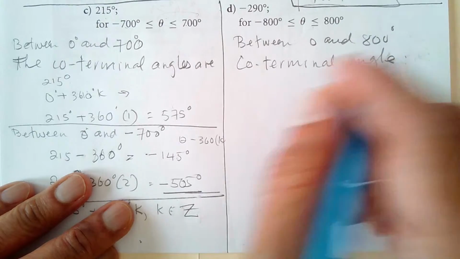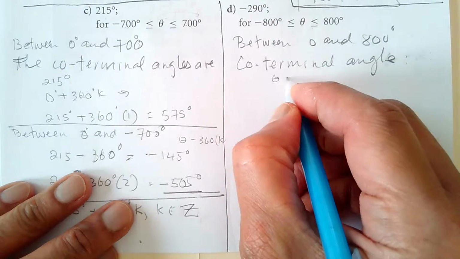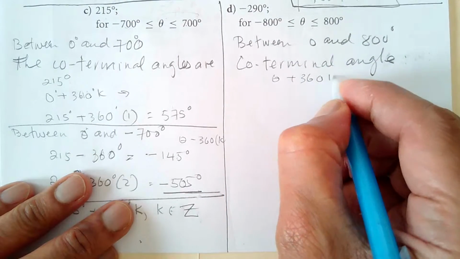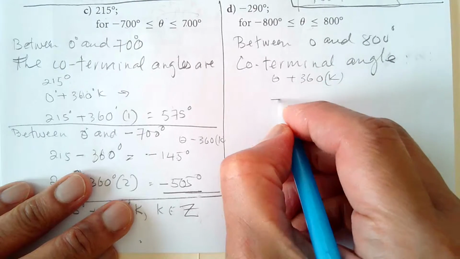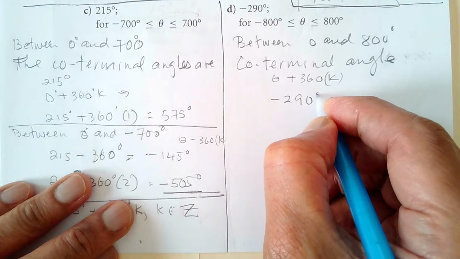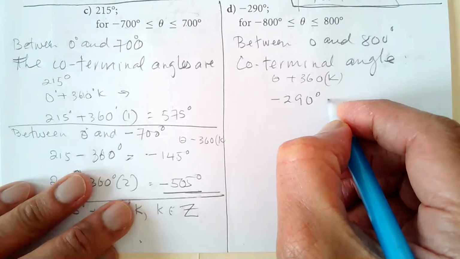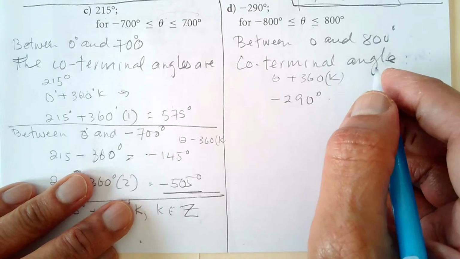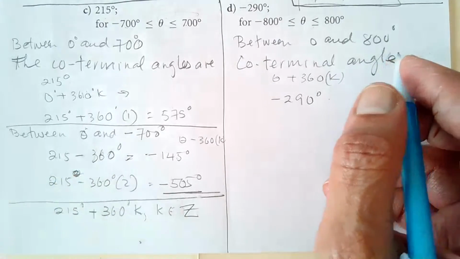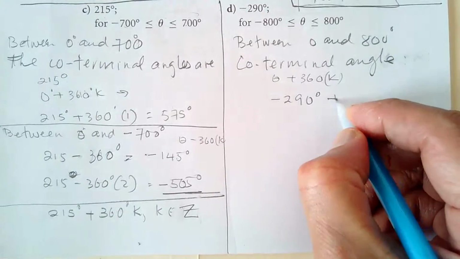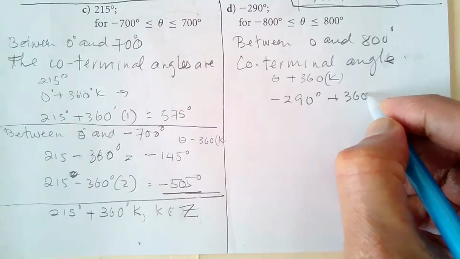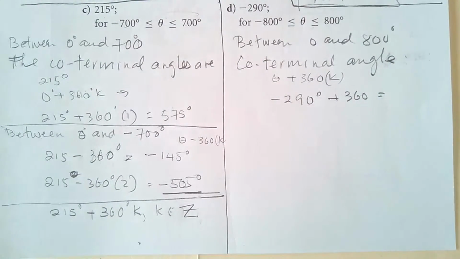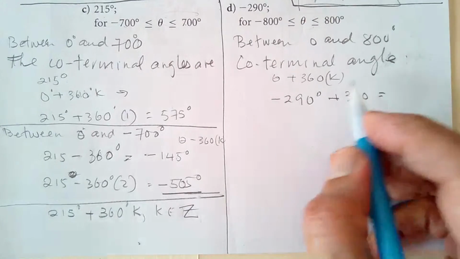So first of all, theta plus 360k. It'll be negative 290 degrees plus 360, which gives me 70 degrees.